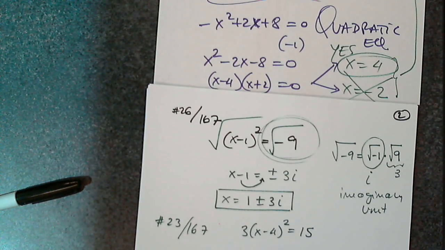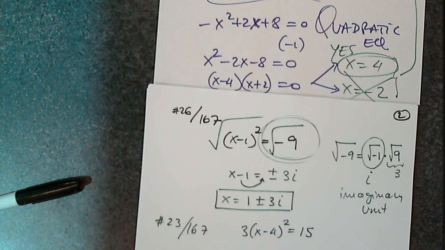So this method is not applicable there. Okay? So in order to take the square roots from both sides, how does the quadratic equation have to look? It has to look like something squared with x in it and a number on the other side. Otherwise, the method of taking square roots is not applicable.